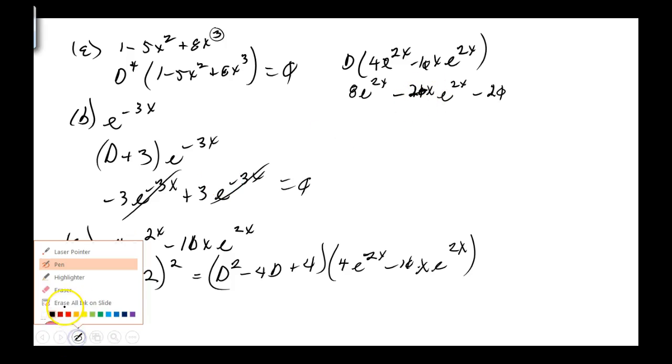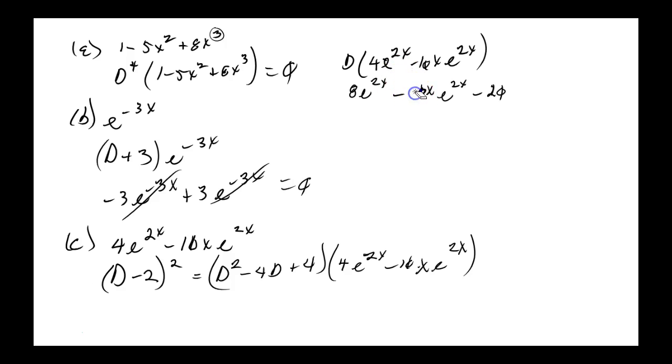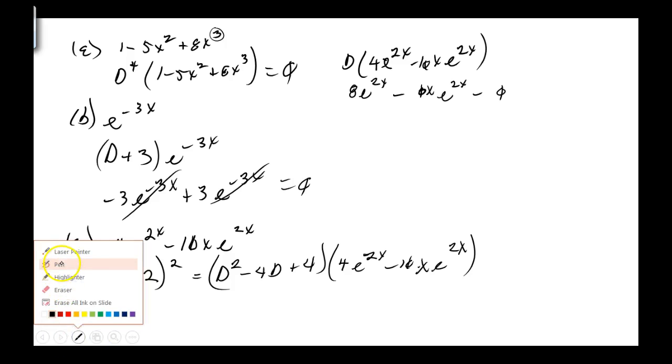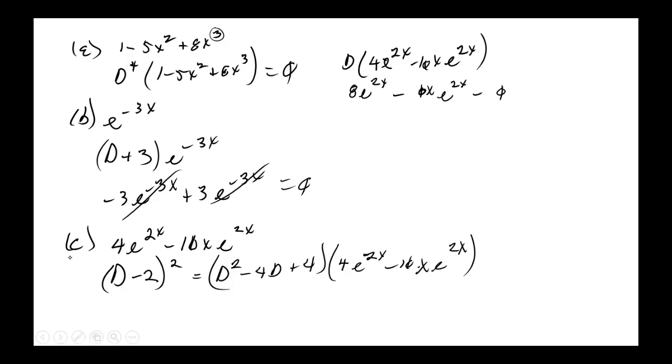Yuck, my eraser's not pulling up. Okay. All right, let's go back and see if I can get that to write better. Okay, the derivative of the first term is 8e to the 2x. Minus 10x e, and then the derivative of e to the 2x is 2e, so that's a 20x e to the 2x, and then the second part is minus 10 times e to the 2x.